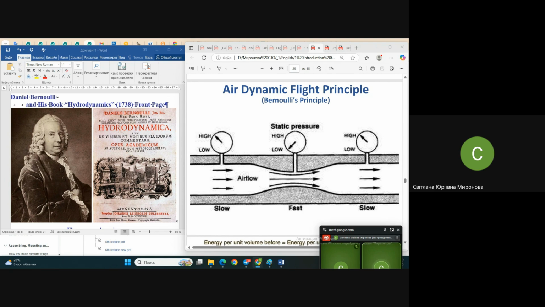Newton considered air and liquid not as continuous media. He considered it as a collection, let's say, of tiniest balls. And he created his formulas, his theory, on this basis, let's say.